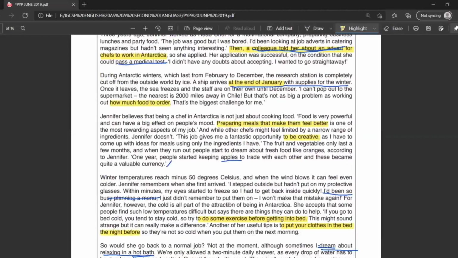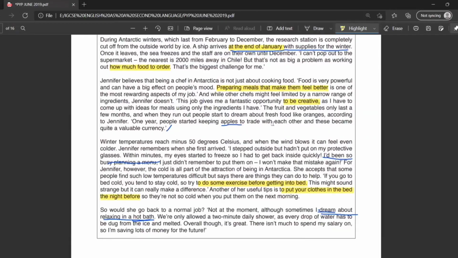This is the thing that she likes. And the next one, we are not getting anything here. Okay, so we can move further. However, the cold is a part of the attraction for her. Okay, so this one, the cold of Antarctica, she likes. And what does she like? She likes that there isn't much to spend my salary on, and she is saving a lot of money for the future. This is what she likes.